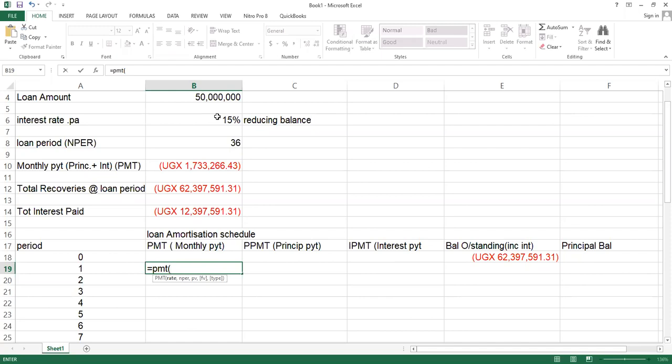So that's why I have to divide this rate by 12 so that I can get my monthly interest. So if I click in 15%, but this is per annum, it is not per month. So I will divide this by 12, then I put a comma. Yes, I get it now. Thank you. Okay.